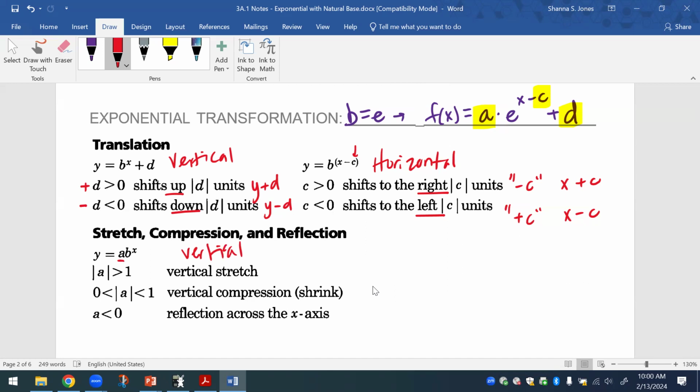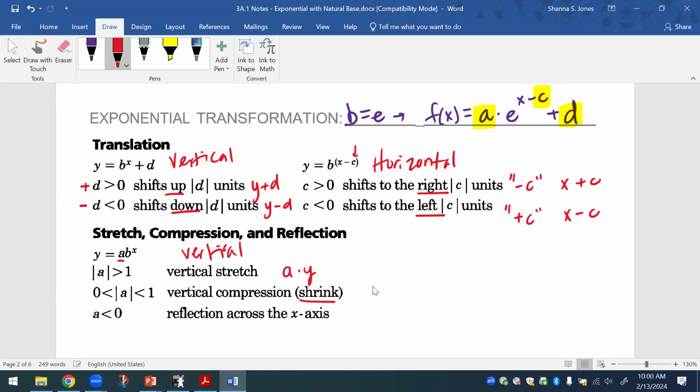Okay. If your A is greater than 1, it's a vertical stretch. That means you're going to multiply A times your Y. If your A is between 0 and 1, it's a vertical compression.